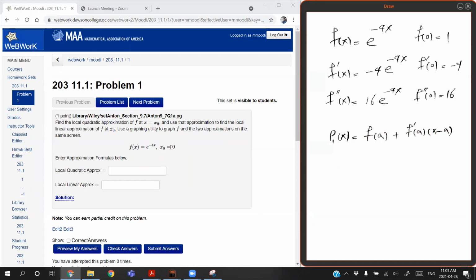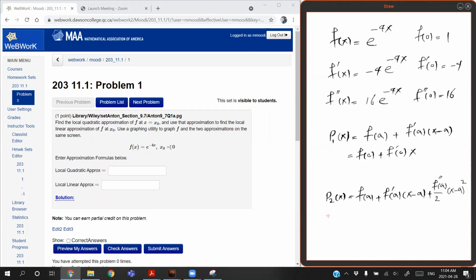And if a is 0, the Maclaurin series is going to be f of 0 plus f prime of 0 times x. For P2 of x, the first two terms are the same, f of a plus f prime of a times x minus a, and then I have this term as well, f double prime of a over 2 factorial, which is just 2, times x minus a squared.